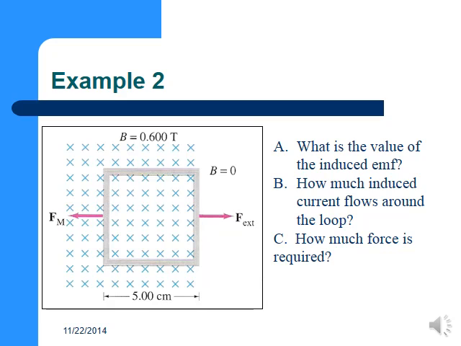So with a clockwise current, taking a look at the left-hand side of this loop, we have I going upward, cross B going inward, gives us F sub m as shown to the left. So we need to apply an external force to counteract that. Question C is asking how much is that force.